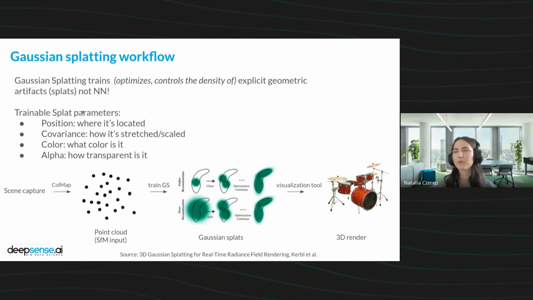We can change parameters such as position, so where the splat is located, how it's stretched and scaled, what color it is, or how transparent it is.